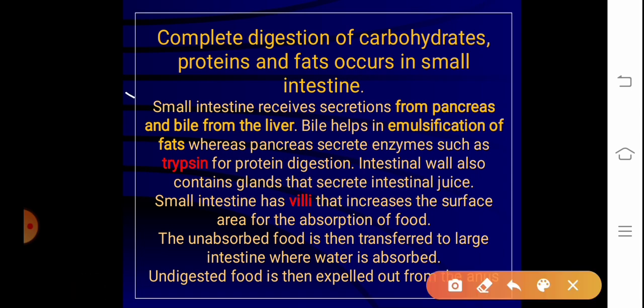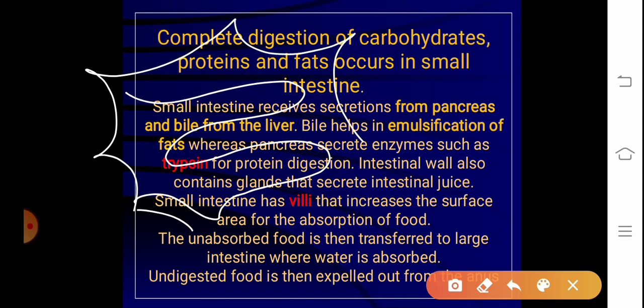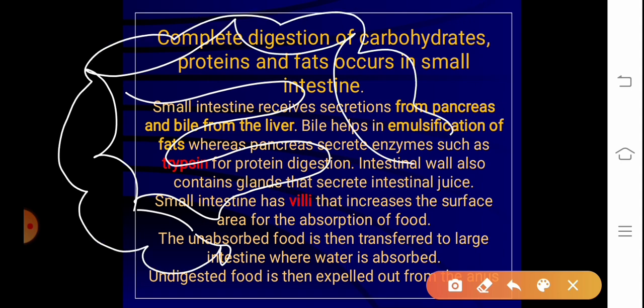The small intestine is connected to the large intestine. Through the large intestine, the undigested or waste food is sent out through the rectum, and it is expelled through the anus. So this is how the complete digestion takes place in human beings.